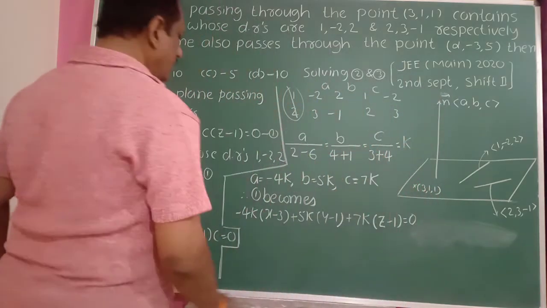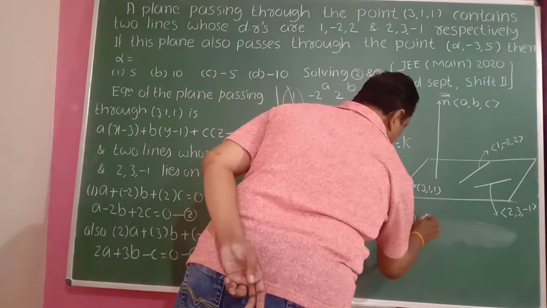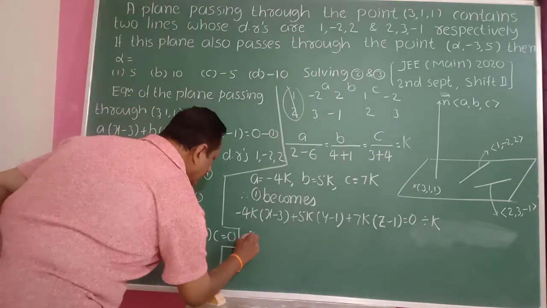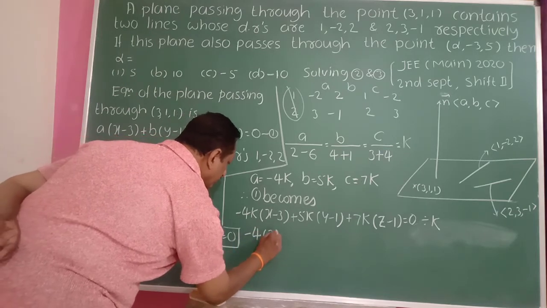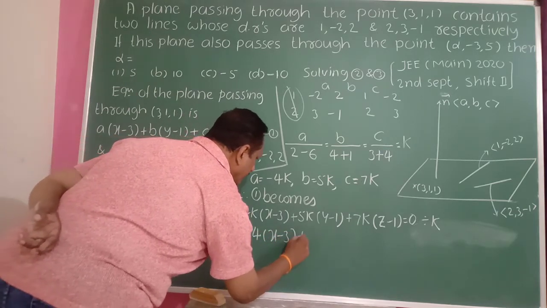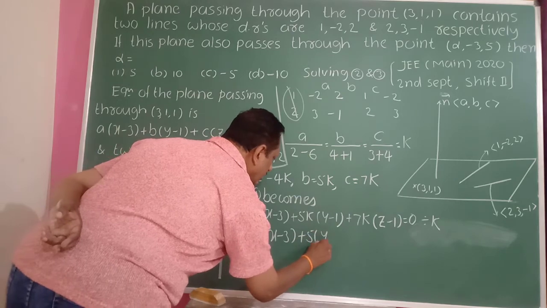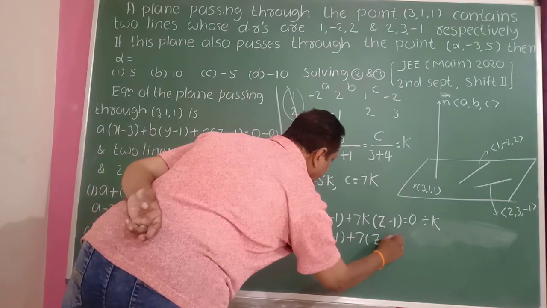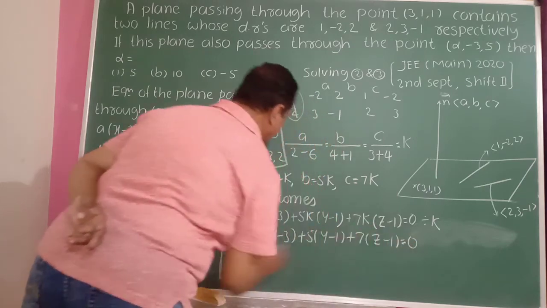Okay. Then dividing both sides by K, we get minus 4 into x minus 3, plus 5 into y minus 1, plus 7 into z minus 1 is equal to 0.